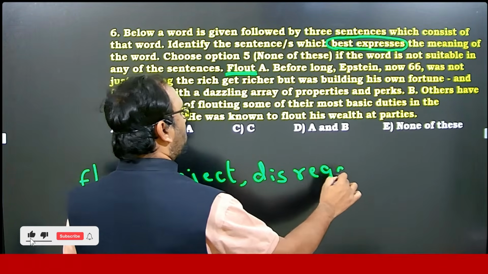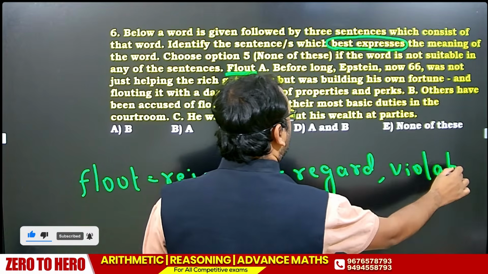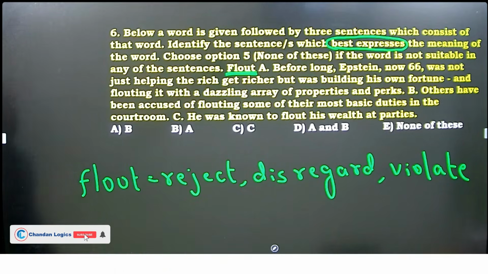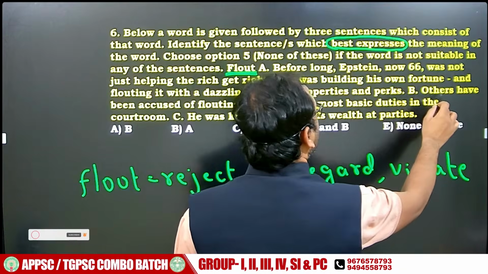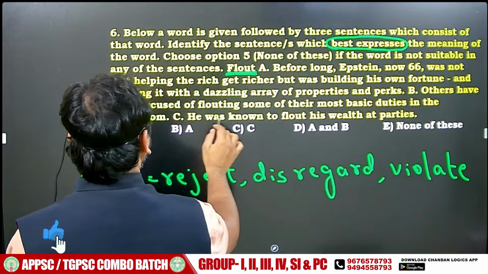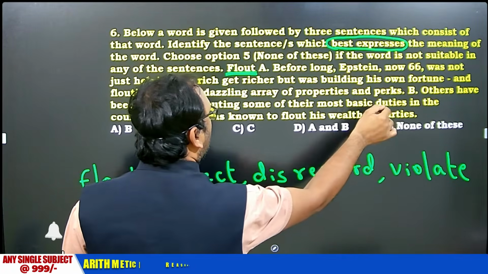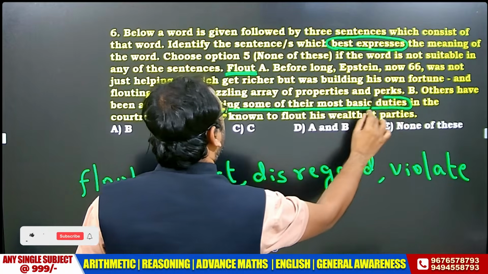Flout means violate. If you read the B sentence, others have been accused of flouting some of their duties. Means some people did not do their duties properly. This is the only correct option here.